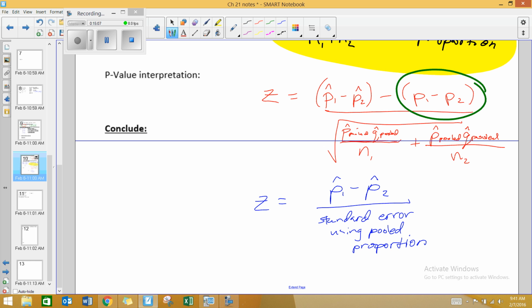So p-value, how do I interpret that? We've spent quite a bit of time talking about the interpretation of p-value, so hopefully you have a little bit of space left.